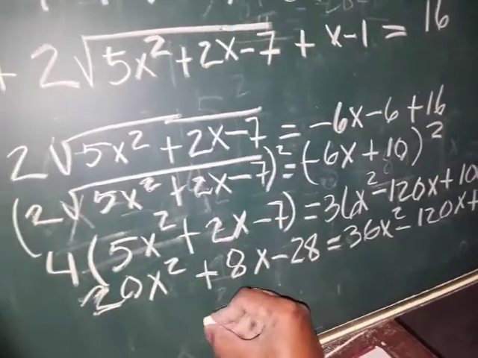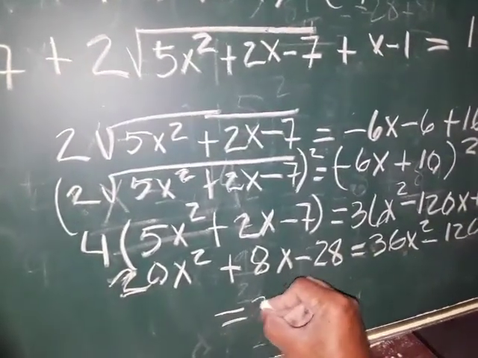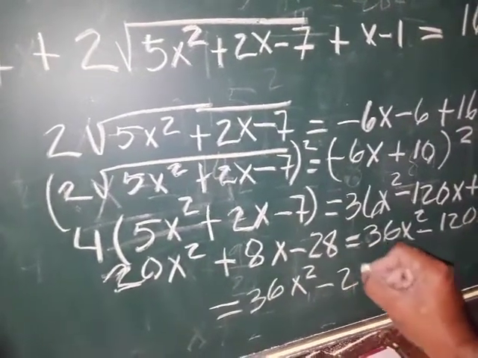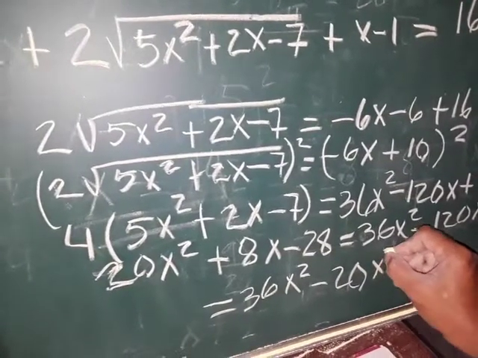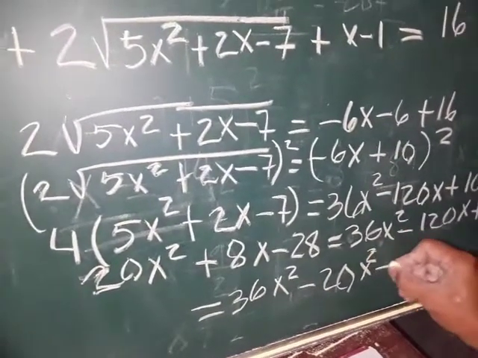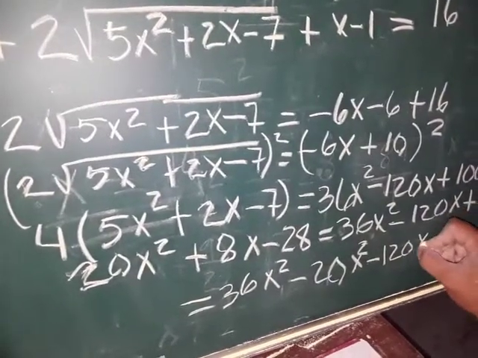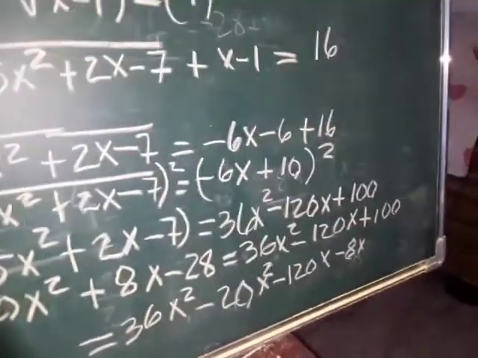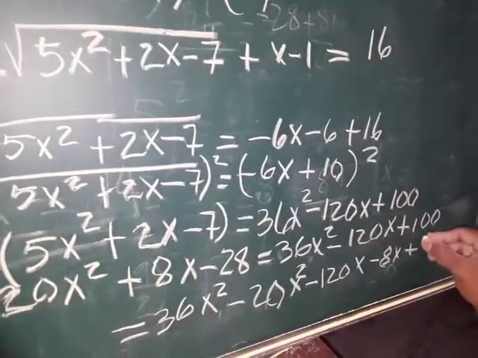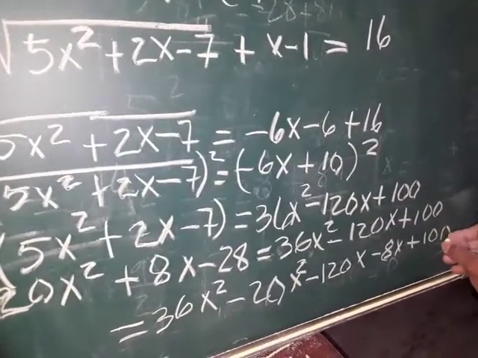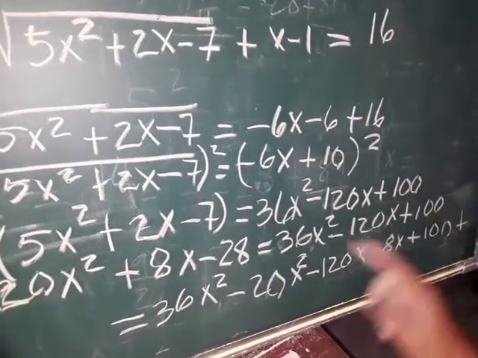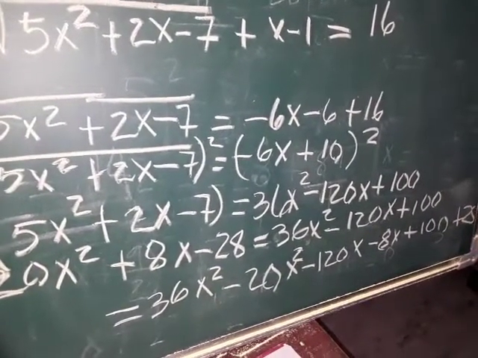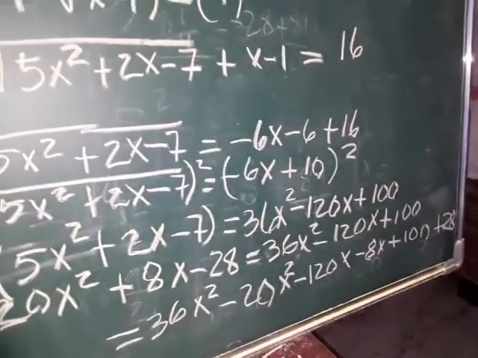Next, combine like terms. We have 36x squared minus 20x squared, minus 120x minus 8x, plus 100 plus 28. We transpose, okay? So change the sign, becomes positive 28.